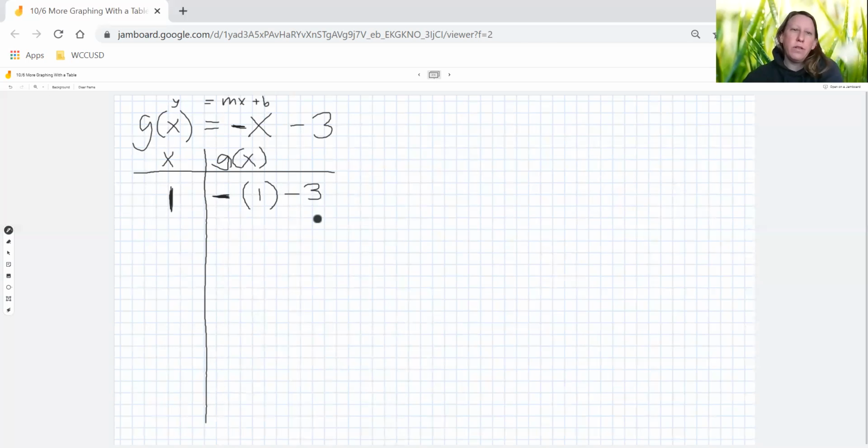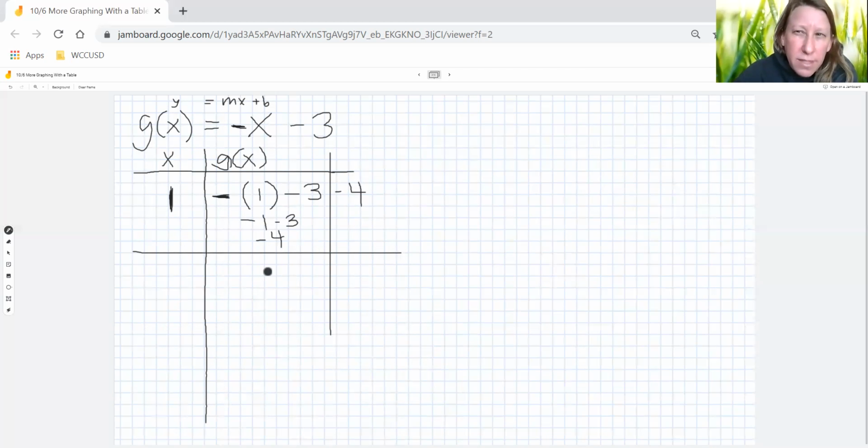So this says the opposite of 1, or negative 1 times 1. This is negative 1. And negative 1 minus 3 is negative 4. So I kind of see this as the workspace, and then this is the value of the function. So negative 4 comes out. When we put 1 into the function, negative 4 comes out.